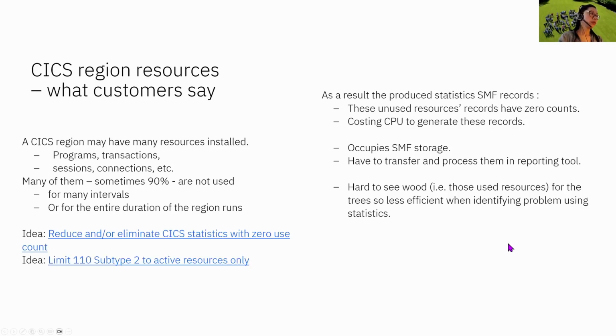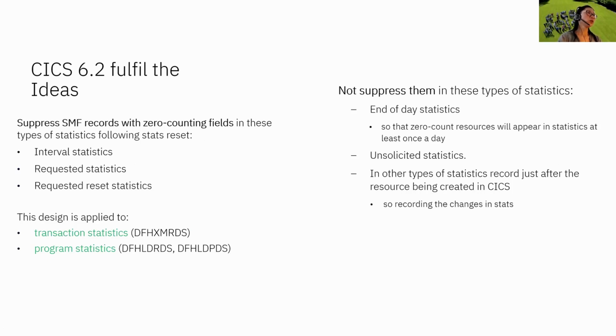There are CICS ideas raised to reduce those records with 0 use. So in CICS 6.2, we now have the design applied to transaction statistics and program statistics, which are mapped by those stats macros.